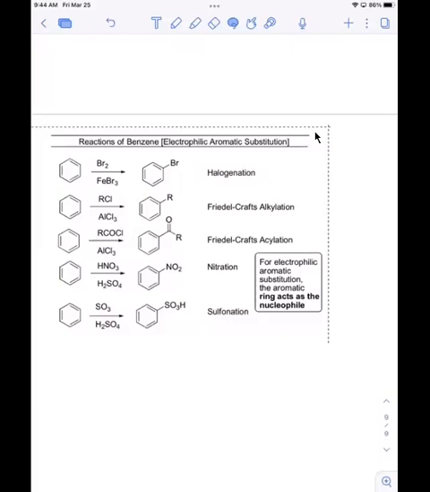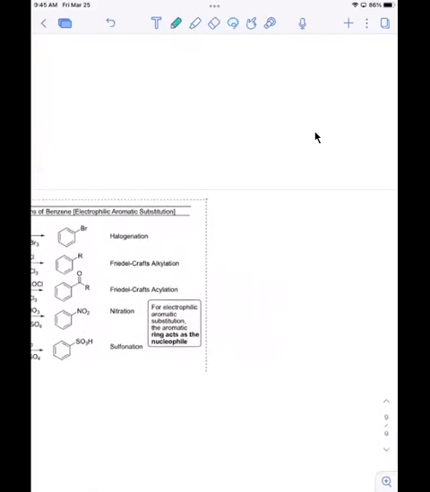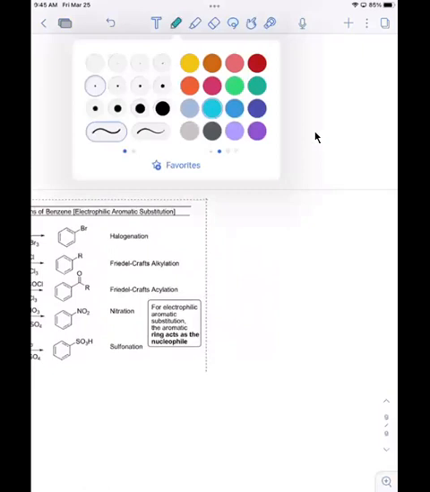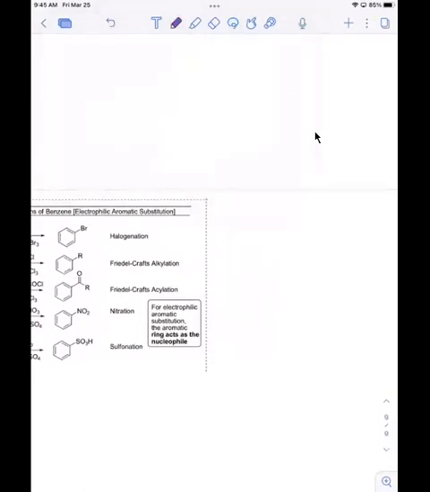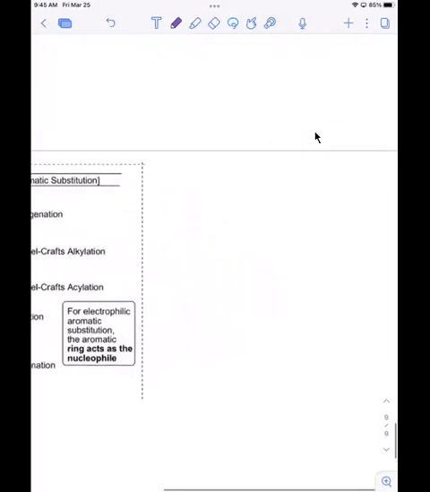Most of the time, a metal catalyst or some other type of electron donor like sodium or some other catalyst to get these things to go. But the reactions all follow the same pattern. Anytime you have a reaction with an aromatic, it's going to follow the same basic mechanism.